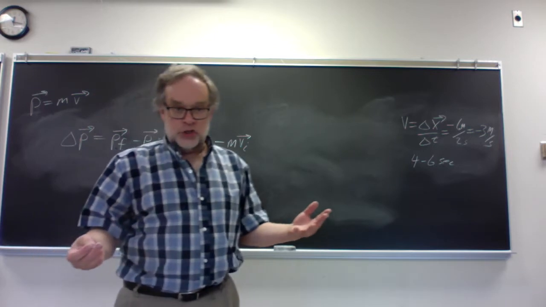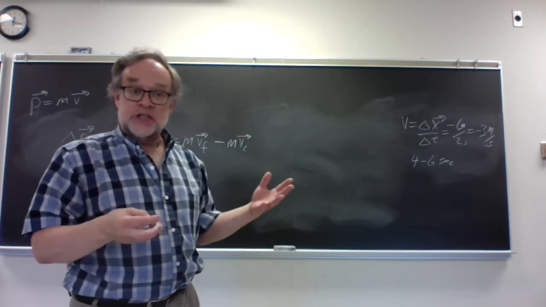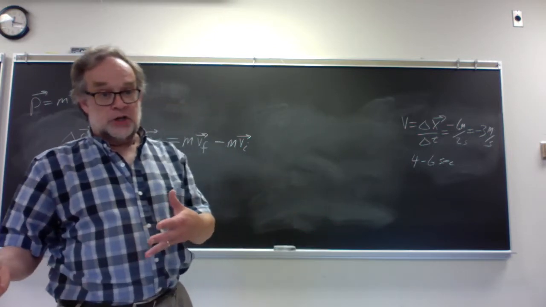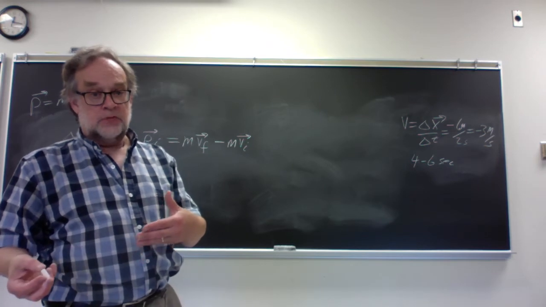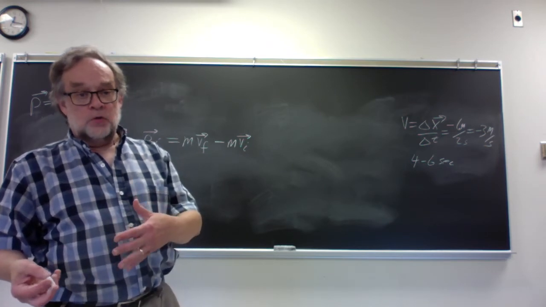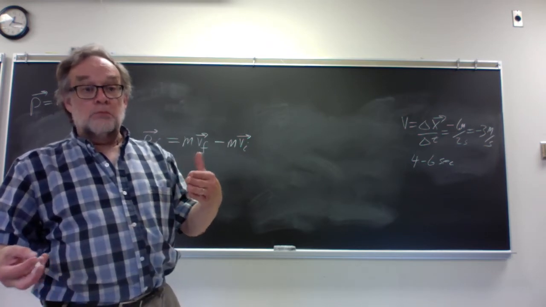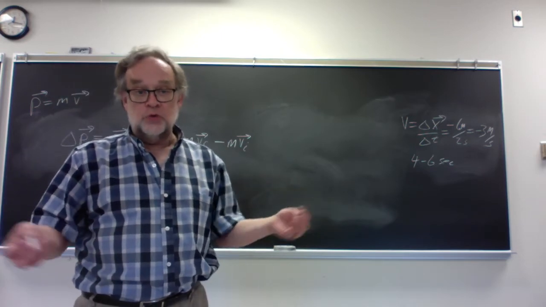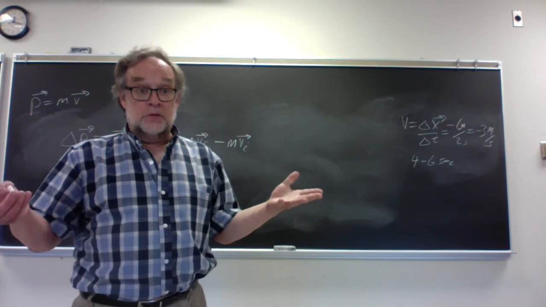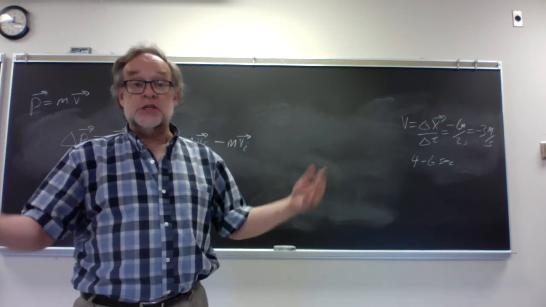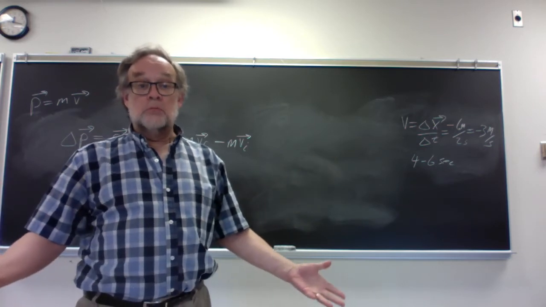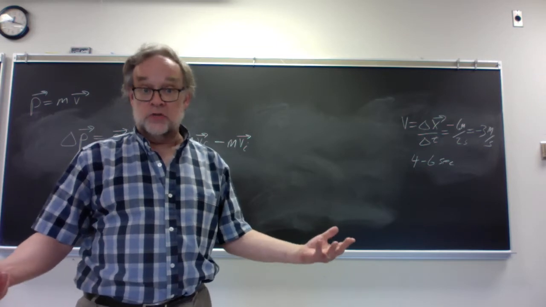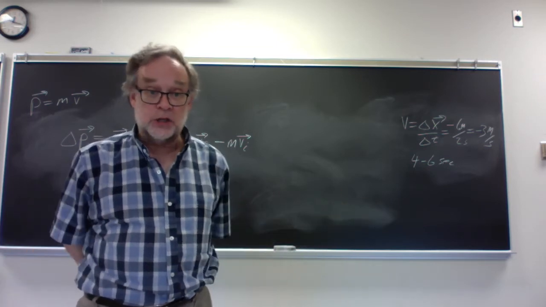You can have changes in momentum that involve changes in mass as well as changes in velocity. For example, when it first leaves the ground, most of the mass in a rocket is taken up by its fuel. As the fuel burns, the grand total mass of the rocket decreases quite a lot. So there's quite a lot of momentum change because of mass change in a situation like that.